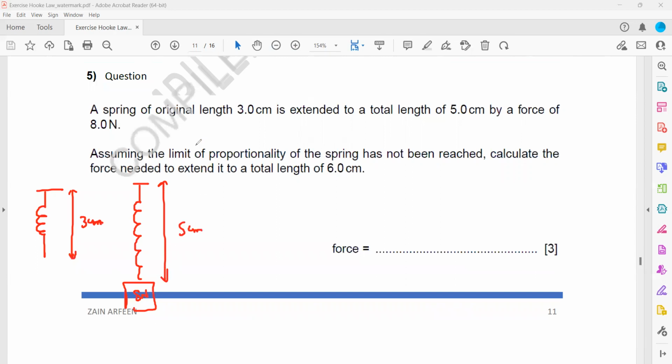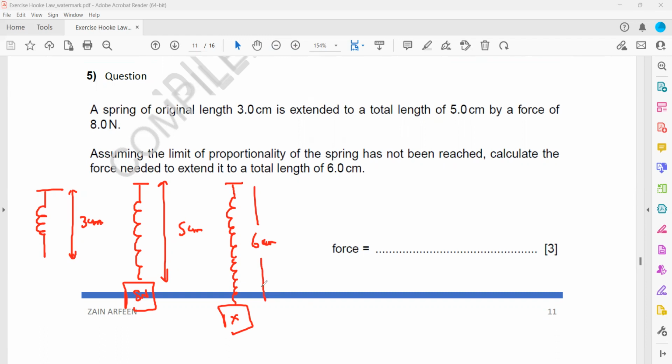Assume that the limit of proportionality has not been reached. Calculate the force needed to extend the spring to a total length of 6 centimeter. The question is how much force is needed so that the total length of the spring becomes 6 centimeter.